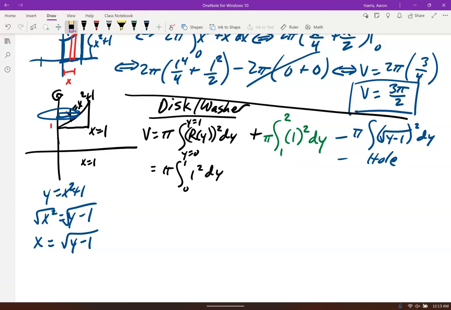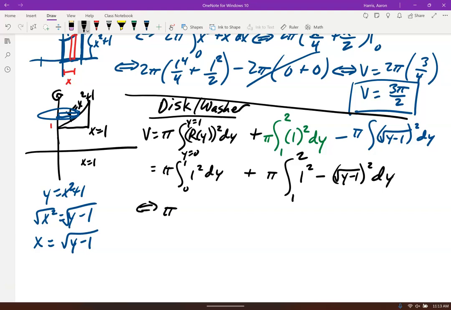So let's put those two together. I've got 1 squared minus root y minus 1 squared dy from 1 to 2, right? So we have pi, 1 dy from 0 to 1, plus pi from 1 to 2 of the solid minus the hole.